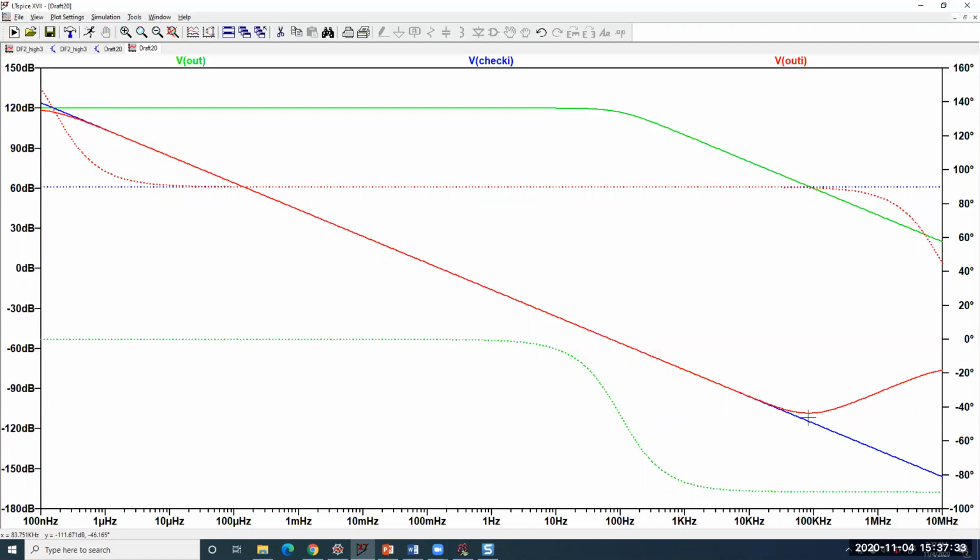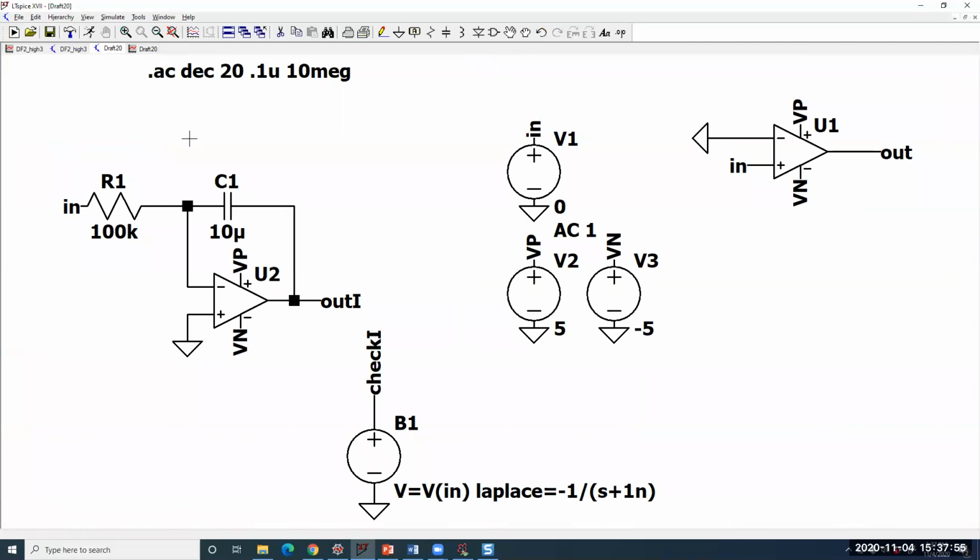But it's a gain bandwidth issue, and gain bandwidth is caused by the feedback capacitors to keep the op amp stable when you put it with feedback. Okay. While this can be stable on its own, when you put feedback on it, it can go unstable. And that's really all I want to say about that today.